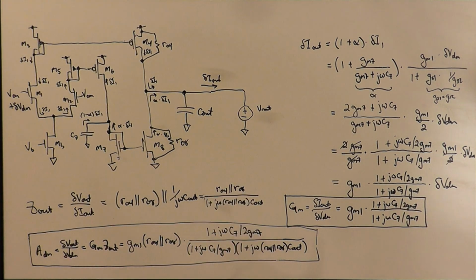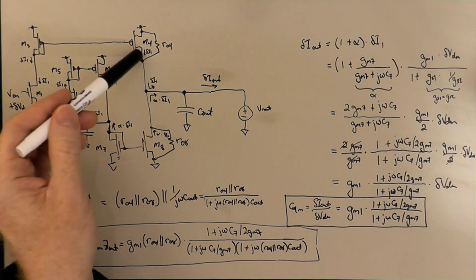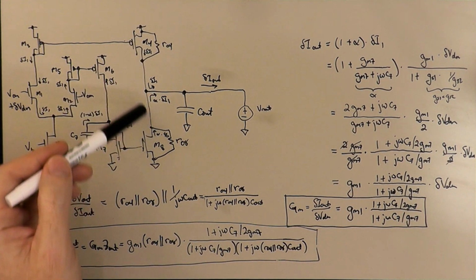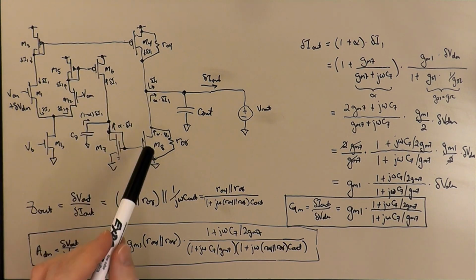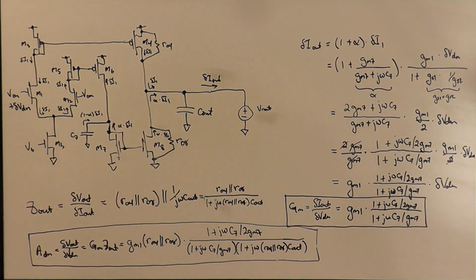This output capacitance will have a component that's due to the drain to body diodes of these two transistors, just like these two over here. But these transistors, since they're the output transistors of the circuit, they might be larger, and so their drain to body diodes may be larger and hence have proportionally more capacitance.